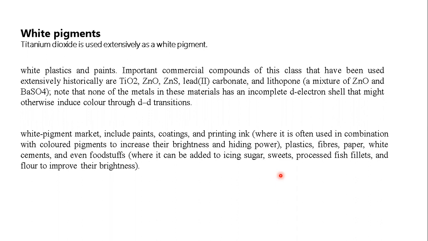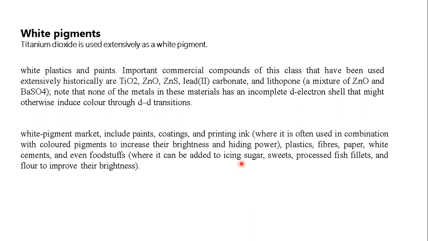If you want to prepare white plastic or white paints, mostly used for painting purposes, white color does not absorb; it reflects all the visible region colors. That's why you can keep your building a little bit cooler. So this is used for painting.